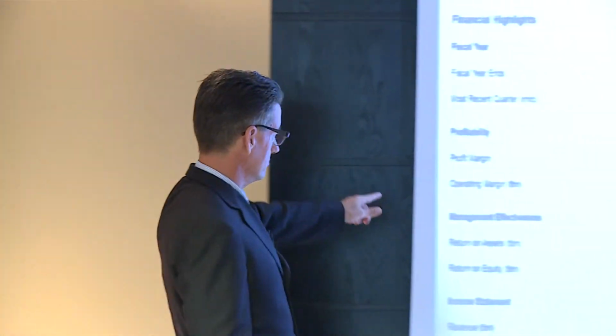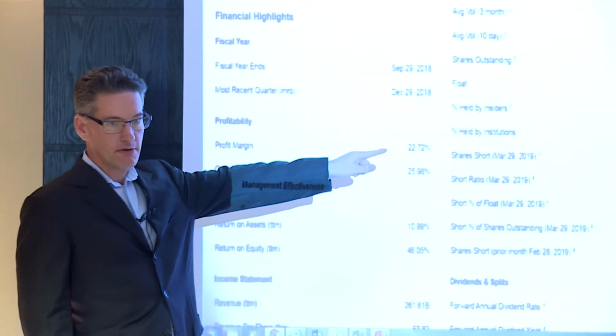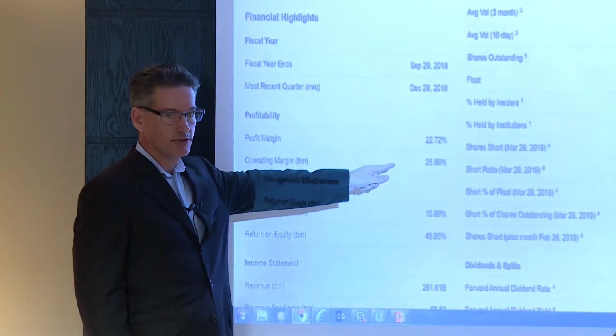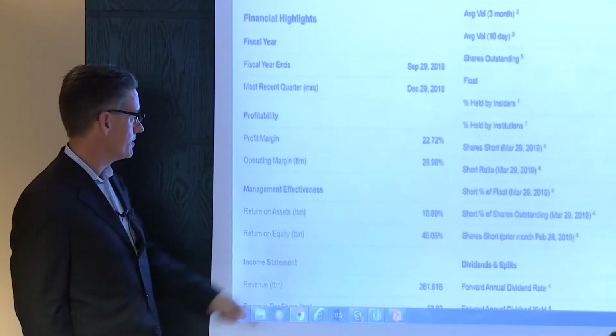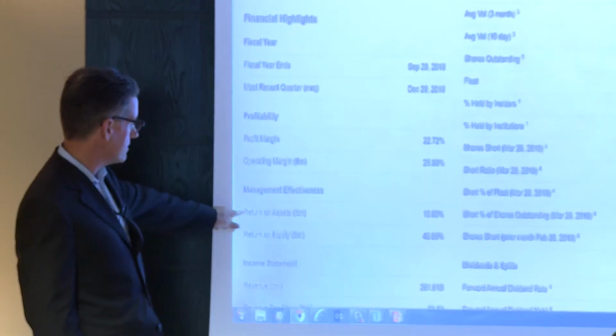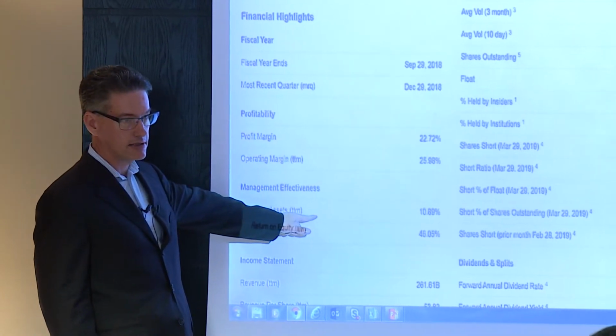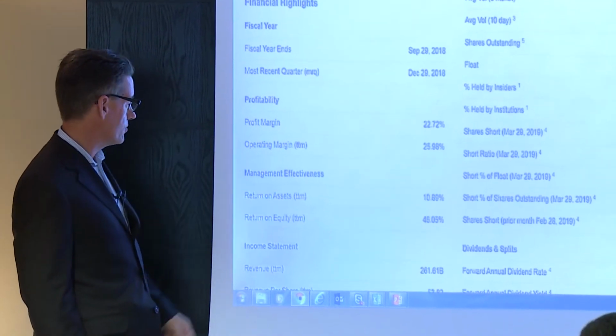Profit margin. So they have the net profit margin and the operating profit margin, which you guys did yesterday, right? Profit margin's 22.72%. Operating profit margin's 26%. So profitable company. Return on assets. Remember you guys did this one. Net income over average assets is 10.89%.